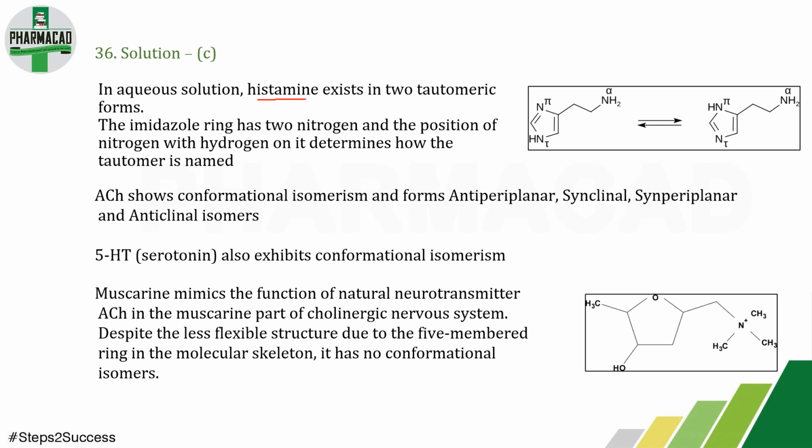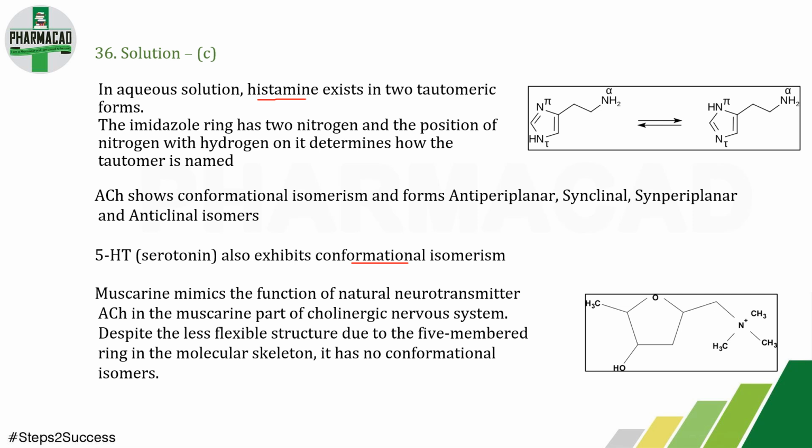Then we have acetylcholine, which shows conformational isomerism and it forms anti-periplanar, synclinal, syn-periplanar and anticlinal isomers. Then serotonin, that is 5-hydroxytryptamine, also exhibits conformational isomerism. They have asked which does not exhibit the isomerism. So the option is option C, that is muscarine. Muscarine mimics the function of natural neurotransmitter, that is acetylcholine.